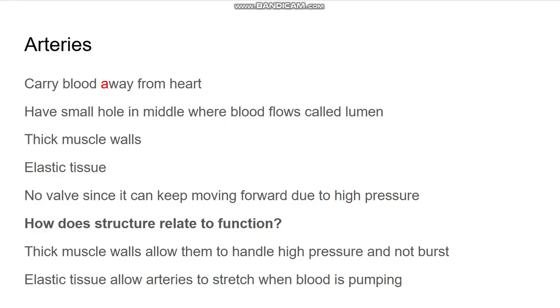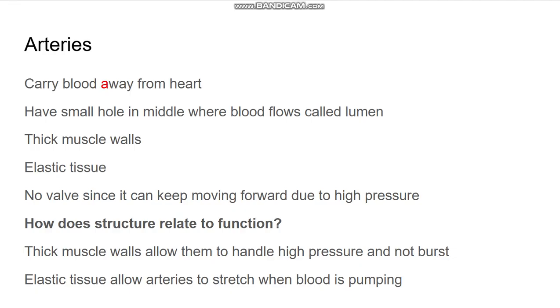So elastic tissue allows arteries to stretch when blood is pumping, and thick muscle walls keep high blood pressure so the arteries don't burst. And there are also no valves because it keeps one-directional blood flow. And there's a small hole called the lumen.